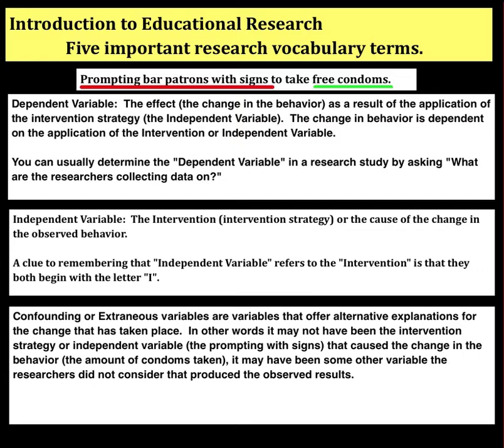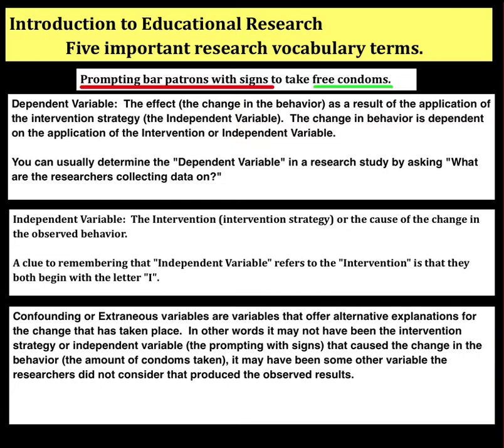It may not have been the presence of the signs in the bars that caused the patrons to take more condoms. It may have been something else. There may have been some other variables lurking behind the scenes that the researchers were unaware of. So these are variables that can really weaken a research study because they supply alternative explanations.